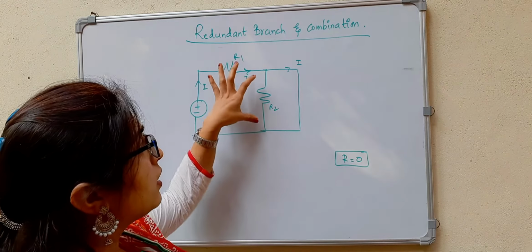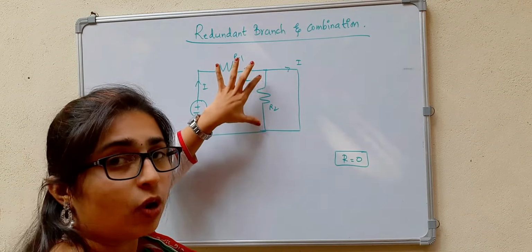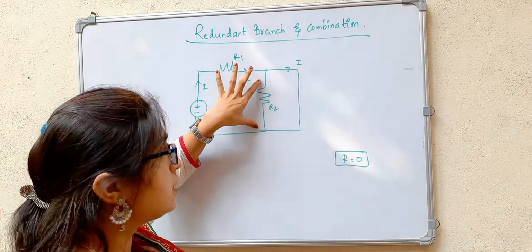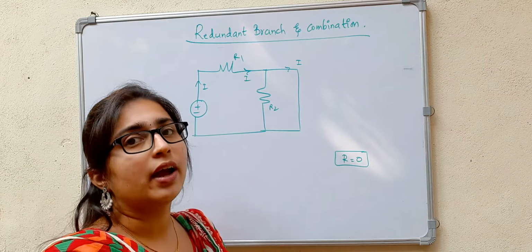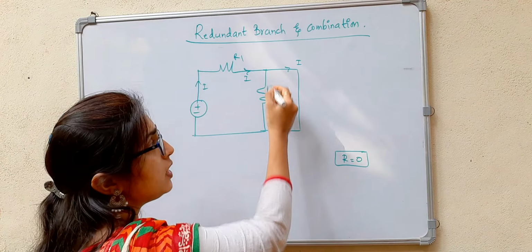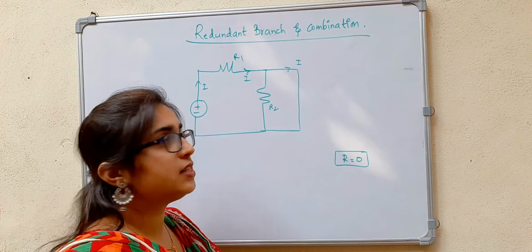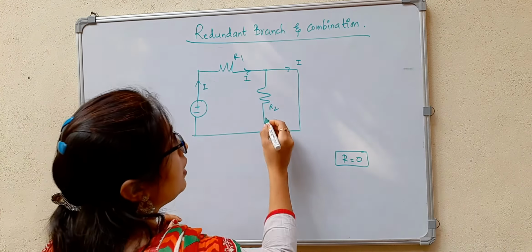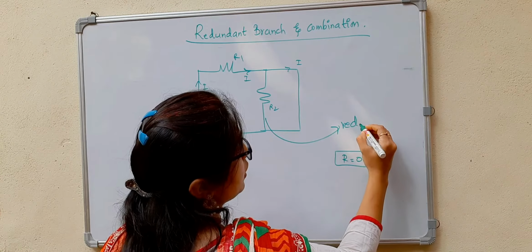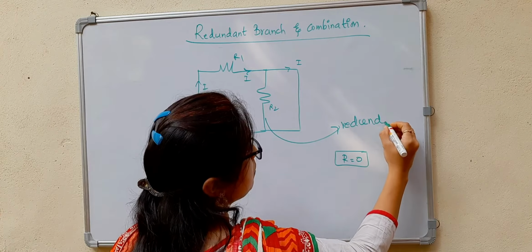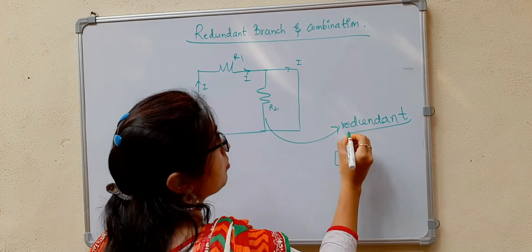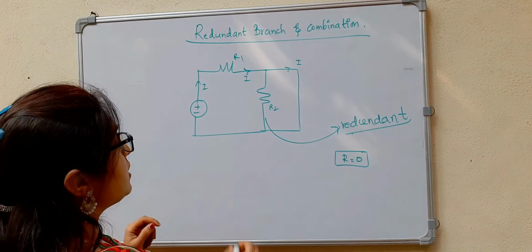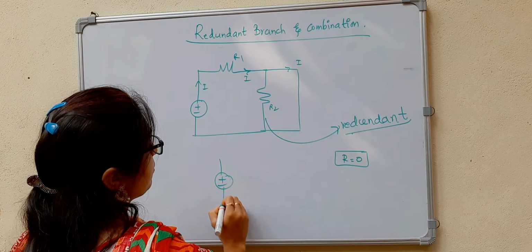That means this branch or this element, that resistor R2, is not carrying any current. So there is no current flow through this resistor. So it becomes redundant from the circuit point of view. So I can consider this circuit like this.